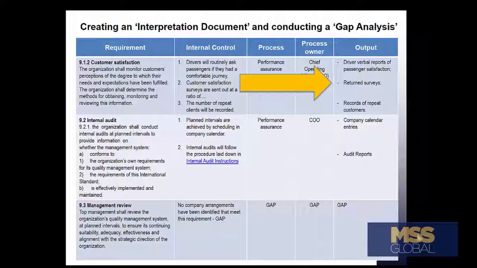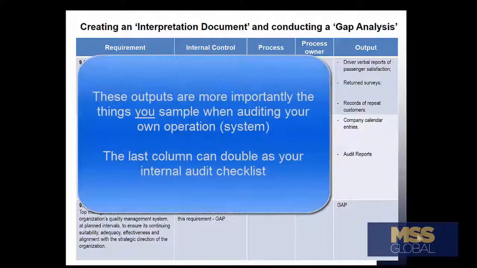They'll be looking at the internal controls and what is produced. What is the output of those internal controls that can be verifiably checked to see that the internal controls, the arrangements, are being put into effect.